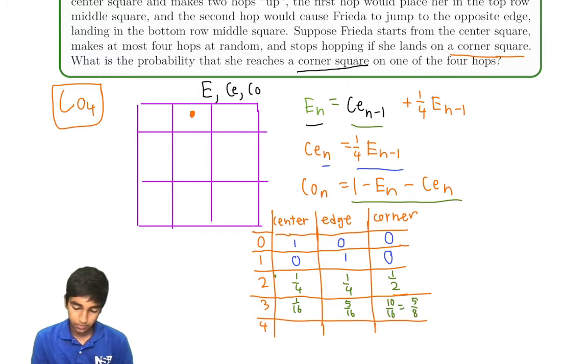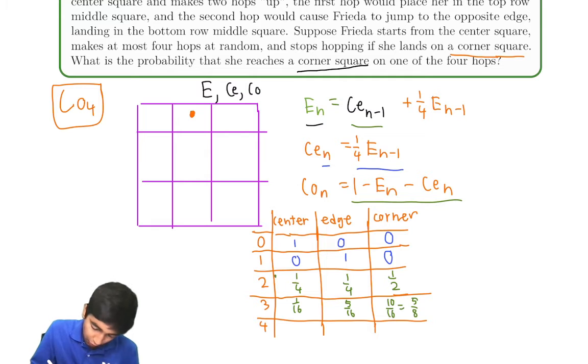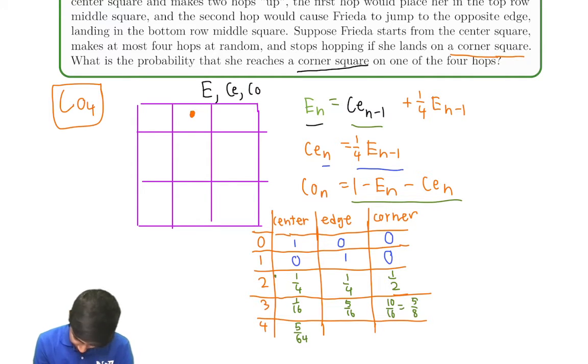Final step. Center is 1/4 times the probability of being on an edge after 3 moves, so 5/64. And edge is the probability of being on a center after 3 moves, 1/16, plus 1/4 the probability of being on an edge after 3 moves, so 5/64 again.